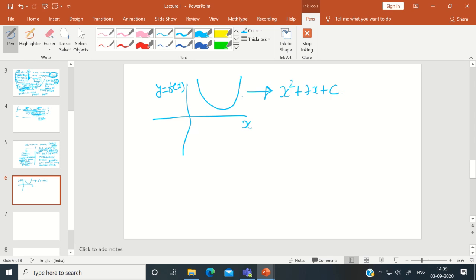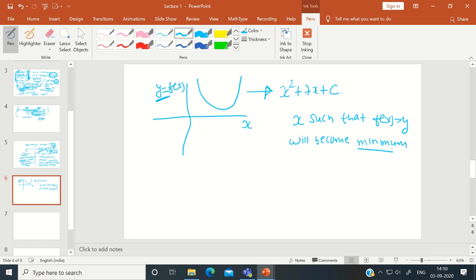Now I want to find the point at which this function gets minimized. The function value will become minimum. It means y value will become minimum. We want to find out x such that f of x, that is equal to y, will become minimum.